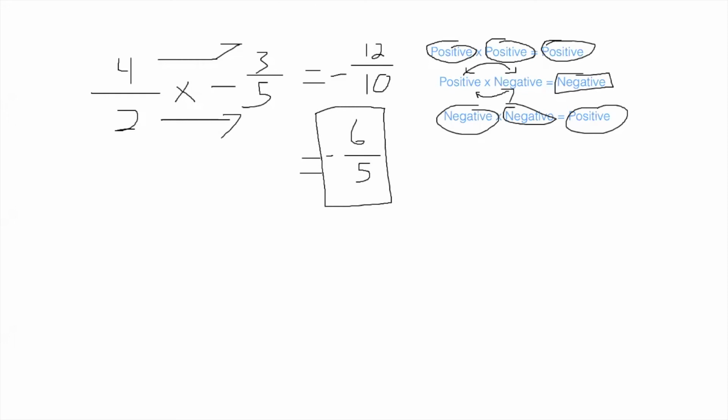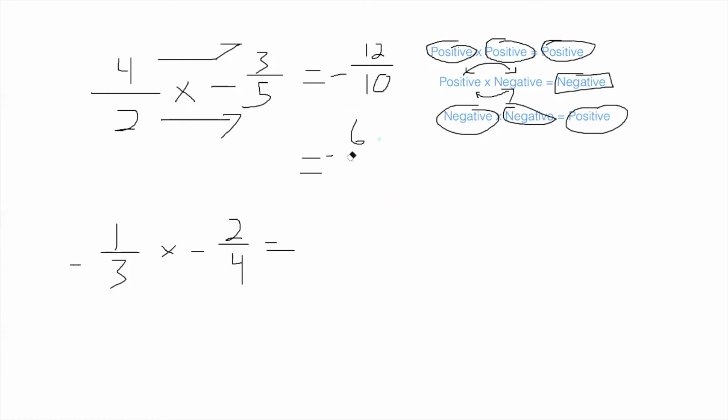Now let's say that we're multiplying two negatives. So negative 1 over 3 times negative 2 over 4. All you're doing is multiplying across. 1 times 2 is 2, and 3 times 4 is 12.